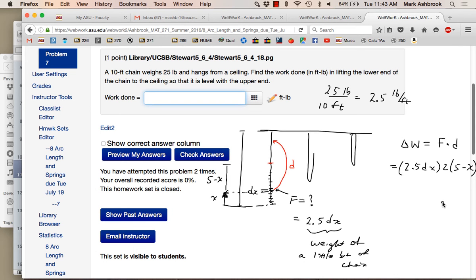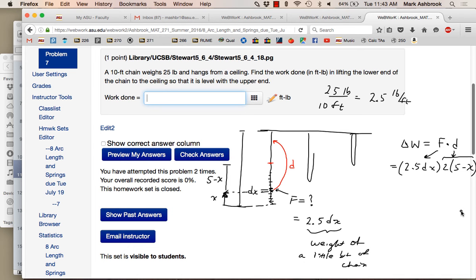We're using dx to mean a little bit of length of chain times 2.5 gets a little bit of the weight of the chain. And now the total distance that weight's going to move, it's going to reflect over the center point of the chain. So that's a distance of 2 times 5 minus x. So that's our force times distance. Okay, so do you follow that?